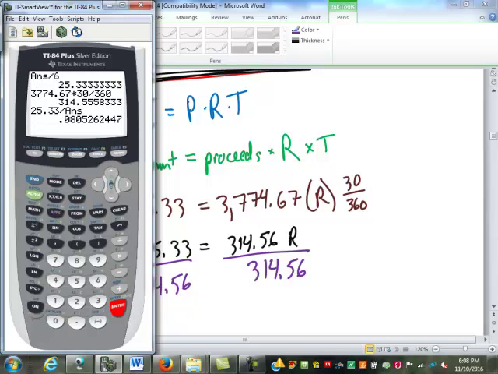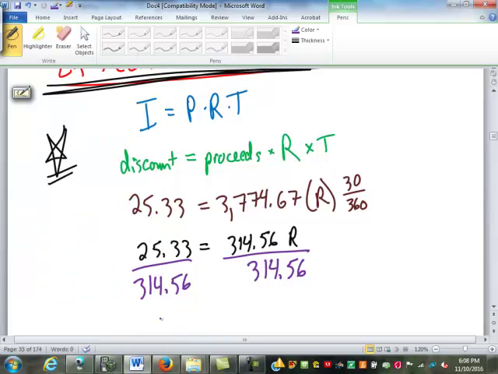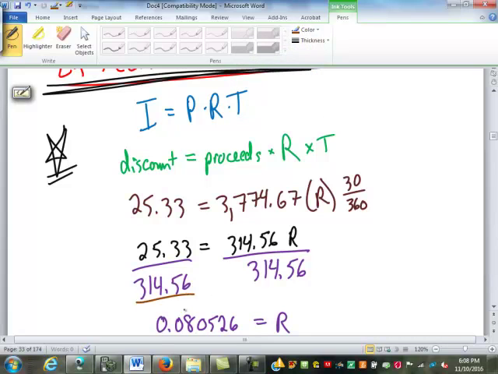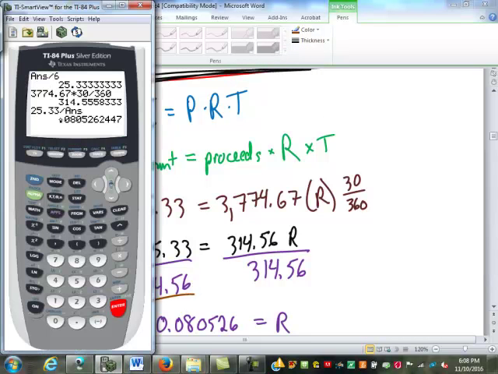It equals, I'm going to get 0.080526. That is my rate. I divided it by this number, but I used what was in my calculator, so I did second answer. Okay. I'm going to come back to actually typing in that number in just a second.